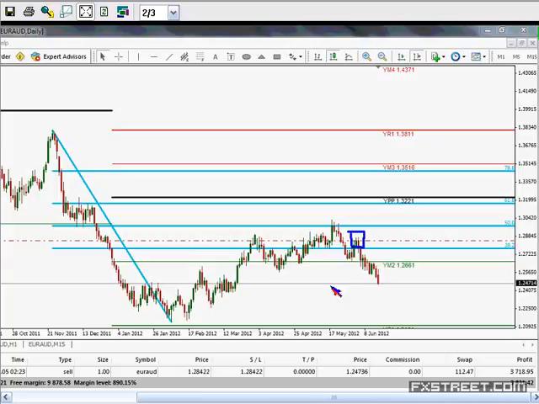So we missed the short here where I'm putting the arrow, which interested me because we had lots of role reversal in here. So a 15-minute change of trend up there, I would have taken a shot. But where I've got the box, we took a trade. Why? Well, it's a daily change of trend in terms of price action, swinging up here.